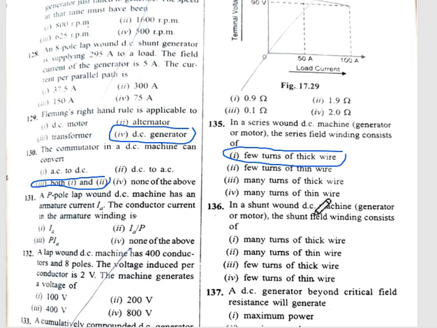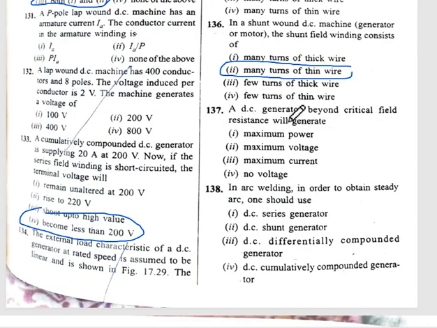In a shunt wound DC machine, generator or motor, the shunt field winding consists of many turns of thin wire. A DC generator beyond critical field resistance will generate no voltage.